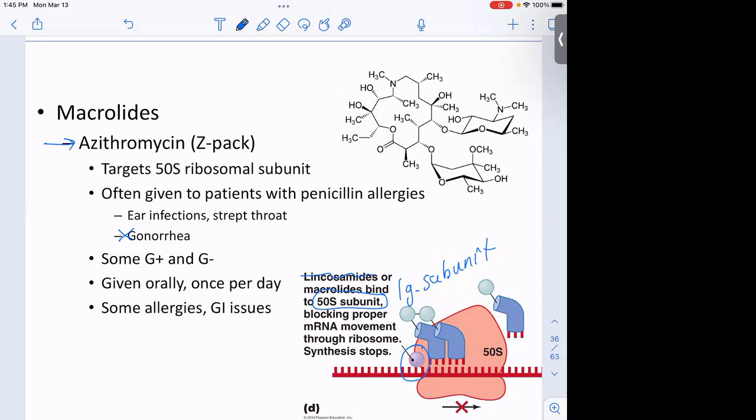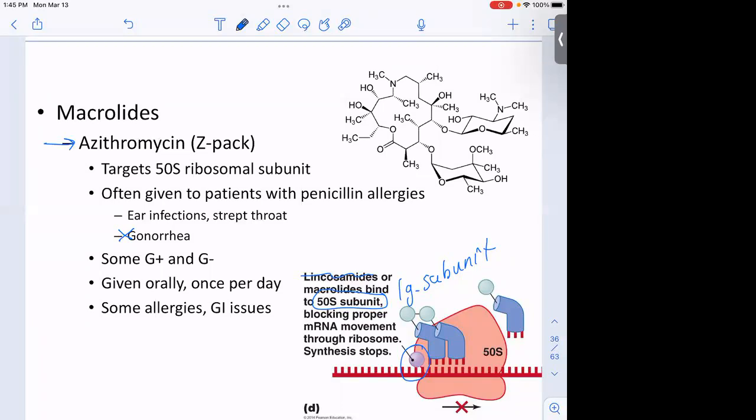We don't use azithromycin anymore because we don't want strains of gonorrhea to become resistant to that. We want to be able to hold on to this drug and to use it for those childhood maladies, where we want something that's very safe and can easily be used.